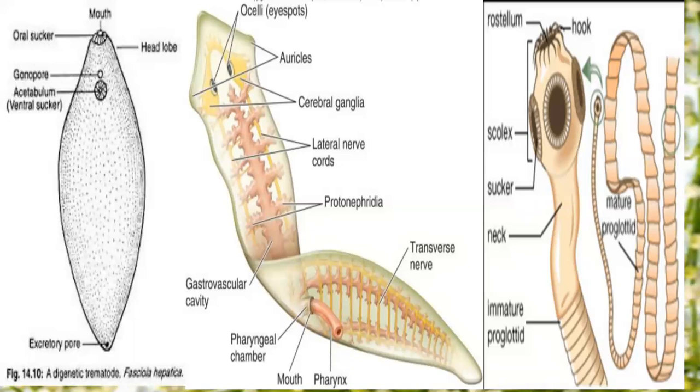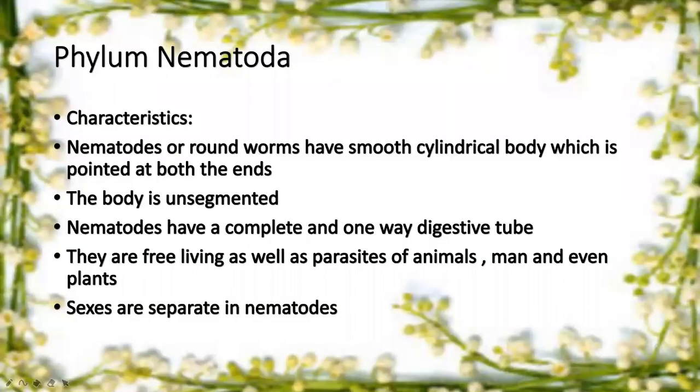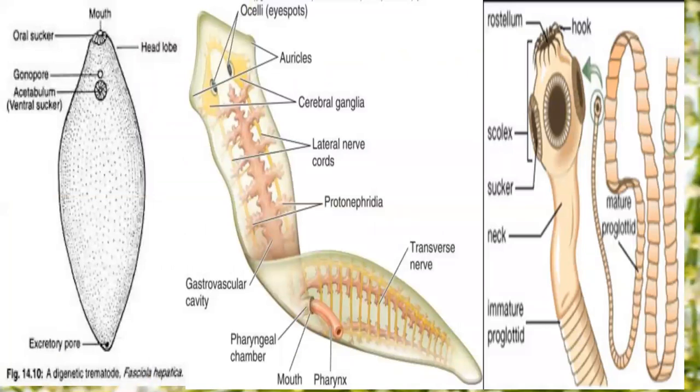Now this is the picture of liver fluke. Its body is leaf-like. This is the mouth, and around the mouth, you can see some structures present. These are called the oral sucker. With the help of the oral sucker, it is stuck to the body of the host.